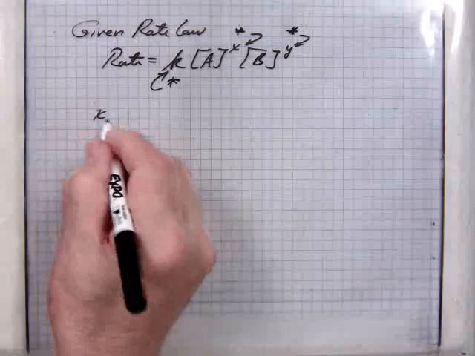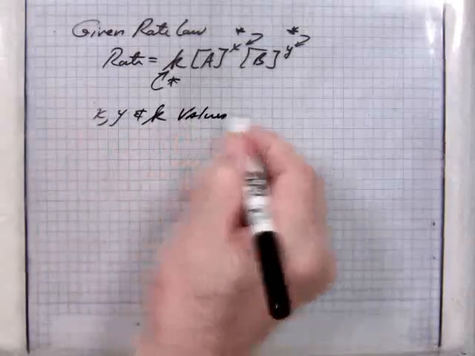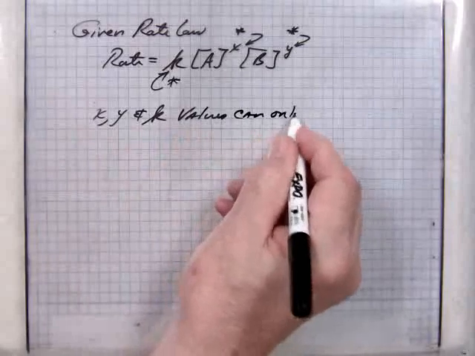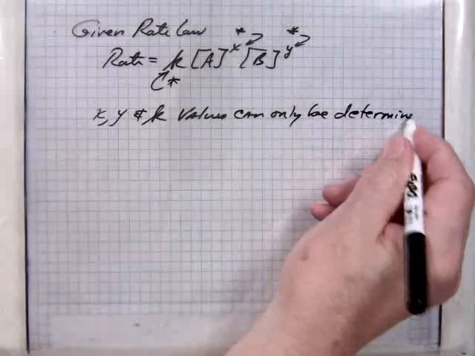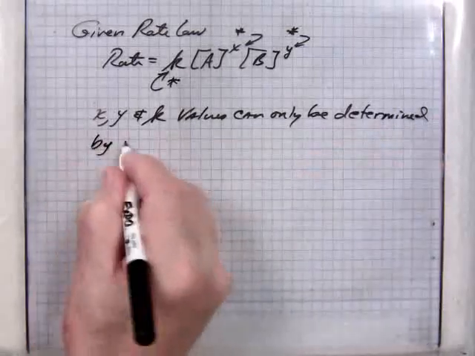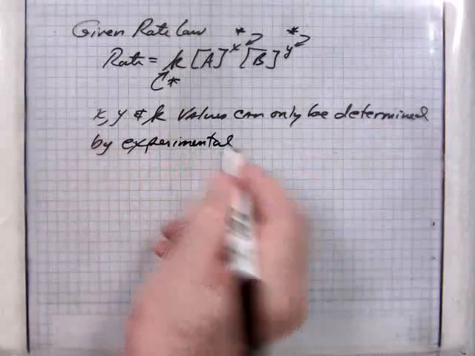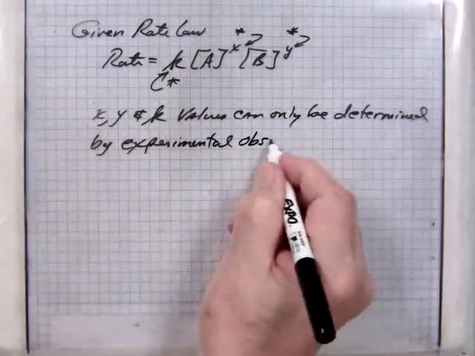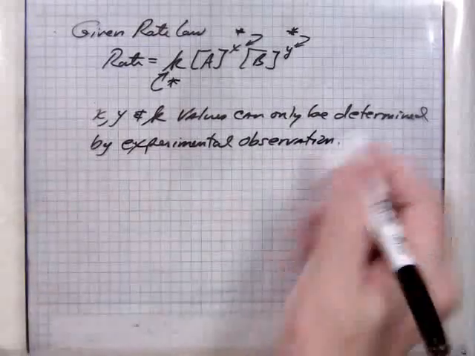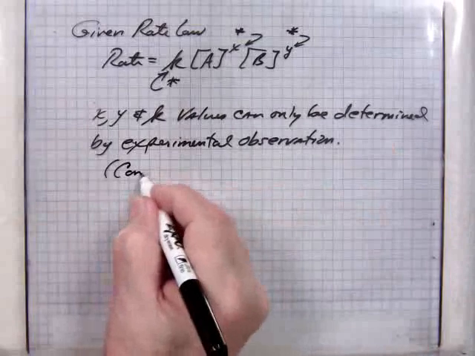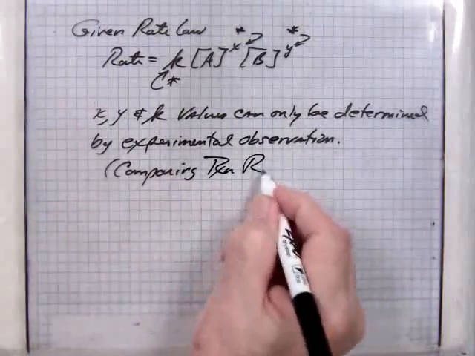So x, y, and k values can only be determined by experiment, by experimental observation, comparing reaction rates.